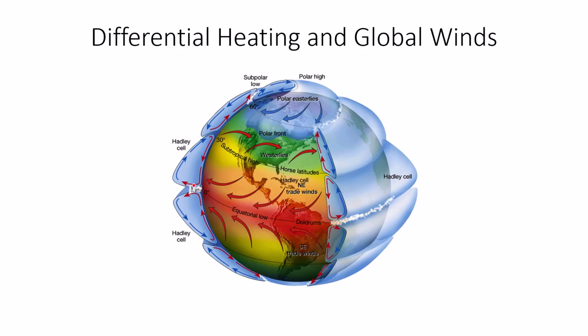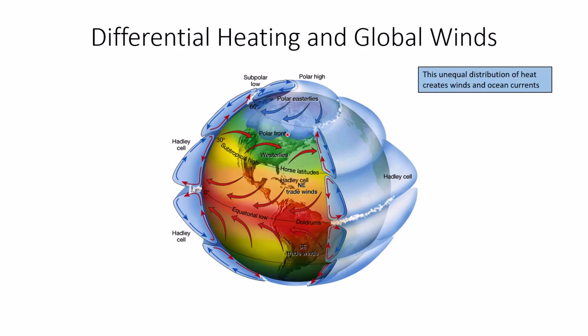If you look at this in cross section, air right at the equator is going to rise up higher into the atmosphere, and then as it cools, will start settling down closer to Earth's surface. And then it continues to do that. So there's this upwelling of hot air rising, cold air sinking.